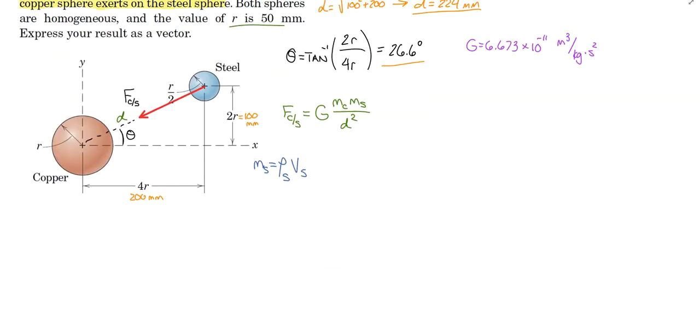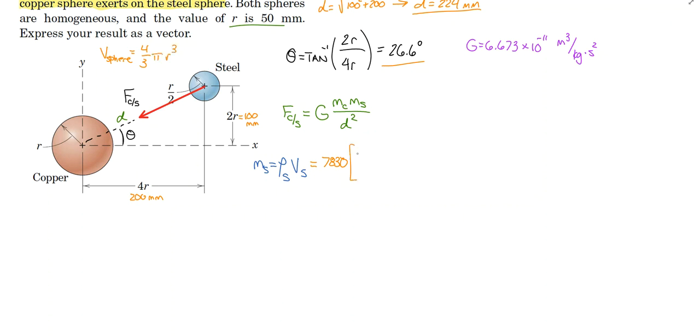So for the steel, we can write this as 7,830, and then the volume of the steel, this is a sphere, and the volume of a sphere is given as 4/3 pi r cubed.